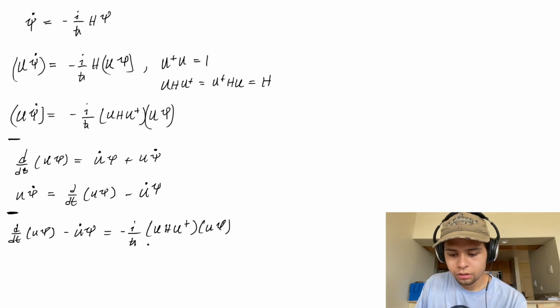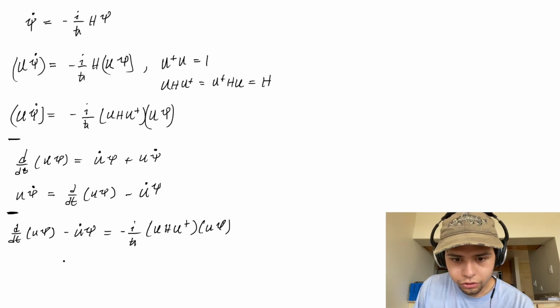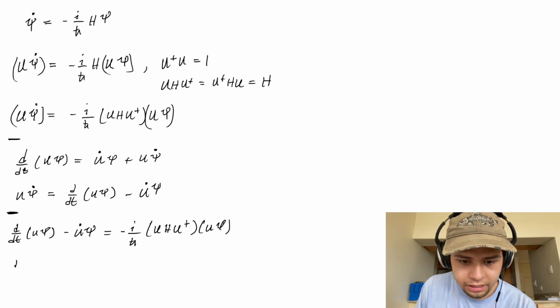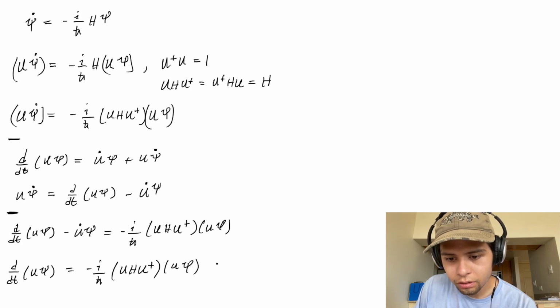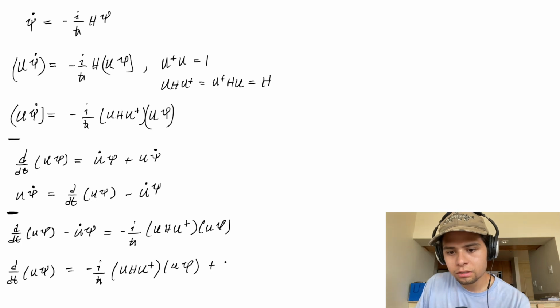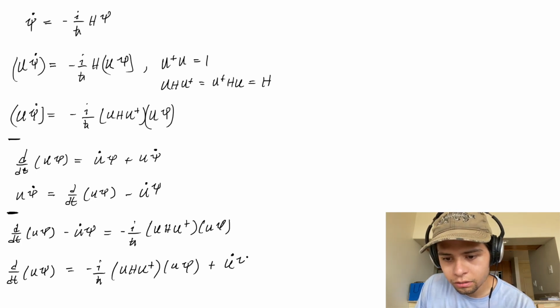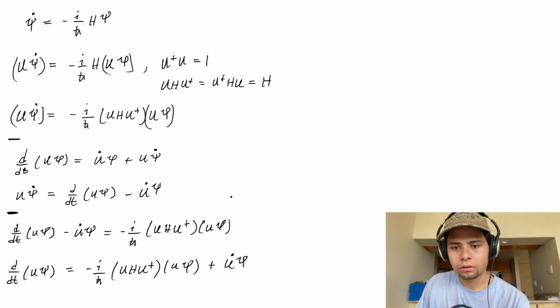Okay, so now we can move this to this side of the equation, and we get that d/dt of U psi is equal to negative i over h bar times U dagger U psi plus U dot psi.